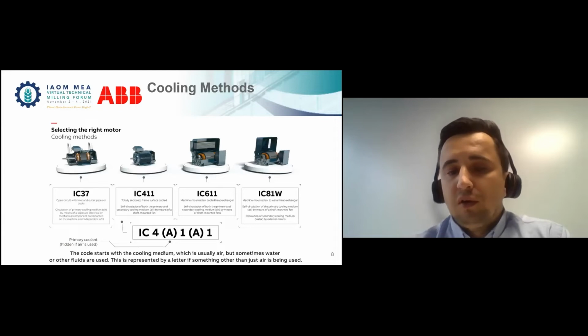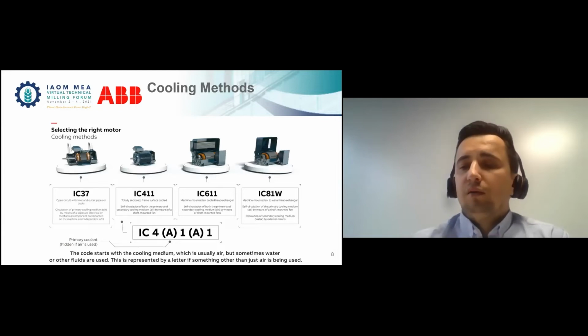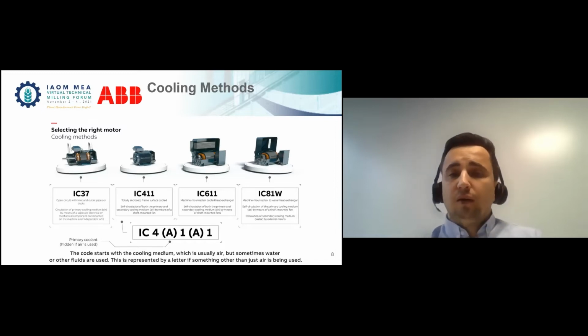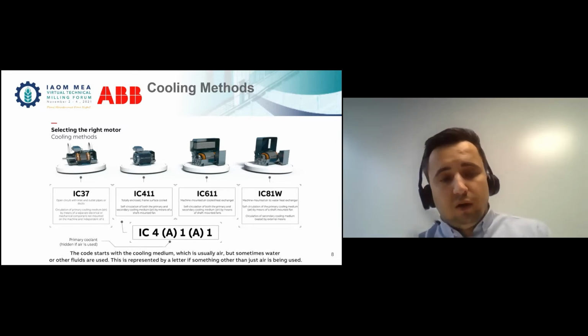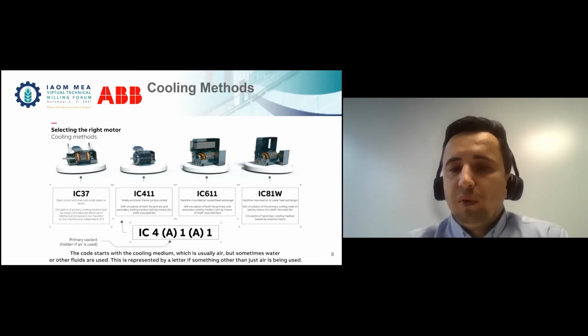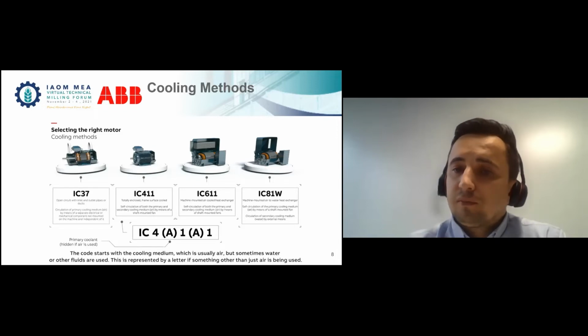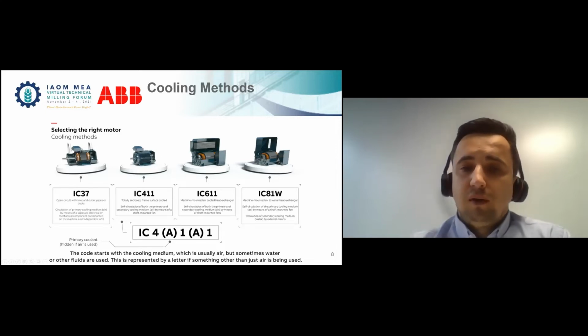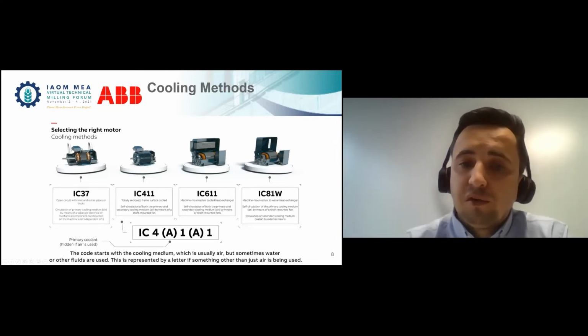Such motors are often used in production plants which have a very high temperature environment, and they take the cool air from outside or somewhere else to cool down the motor. This can also be done with water cooling, as we can see here on the right, the IC81 water cooled, or then we have motors which are self-ventilated or force ventilated.